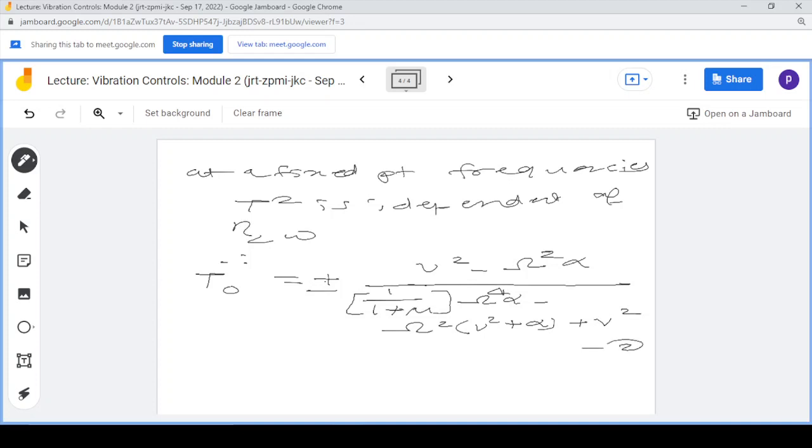Let us call it expression 2, and we will have t infinity equals plus or minus 1 divided by 1 minus nu square. So let us call this expression 3.